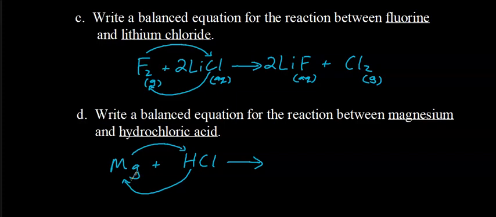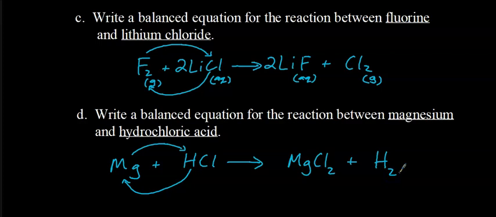So magnesium goes with chlorine to make magnesium chloride, and then hydrogen goes by itself. Magnesium has a charge of +2. Chloride has a charge of -1. Hydrogen is by itself. Is hydrogen a diatomic molecule? Sure is.